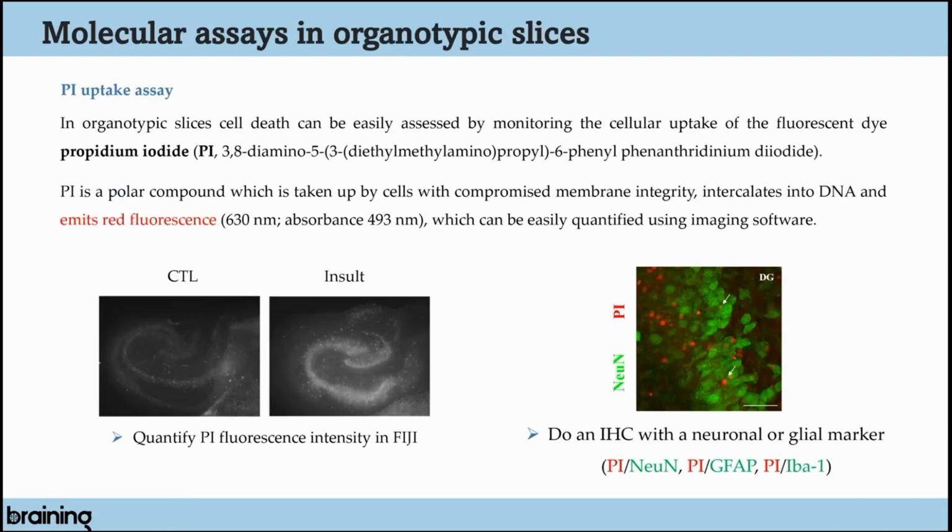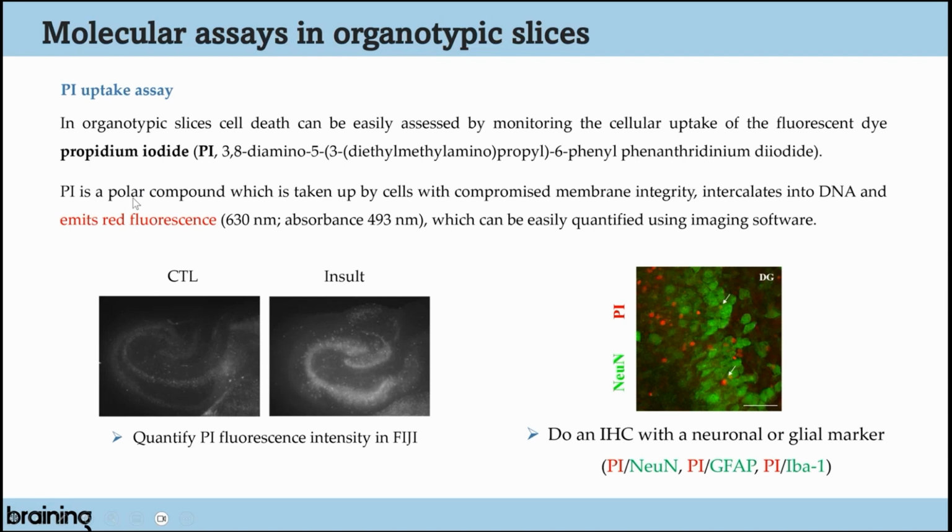What about molecular assays? One of the things that is indeed very appealing in the organotypic slices is that you can basically do anything with them. There's this particular assay that people use in organotypic slices to address cell death, which is the propidium iodide uptake assay. It has this huge name that I will not read.